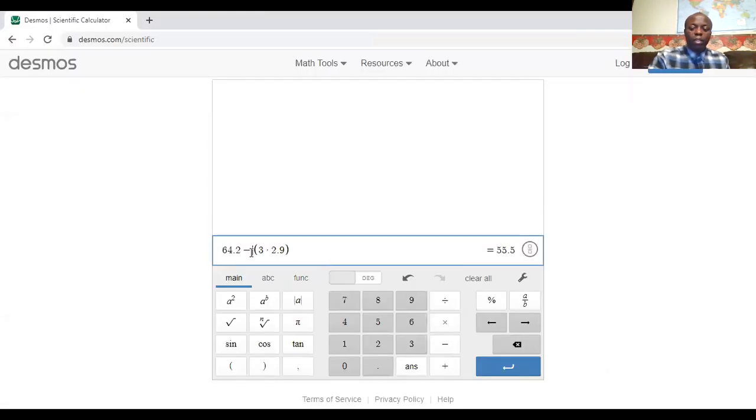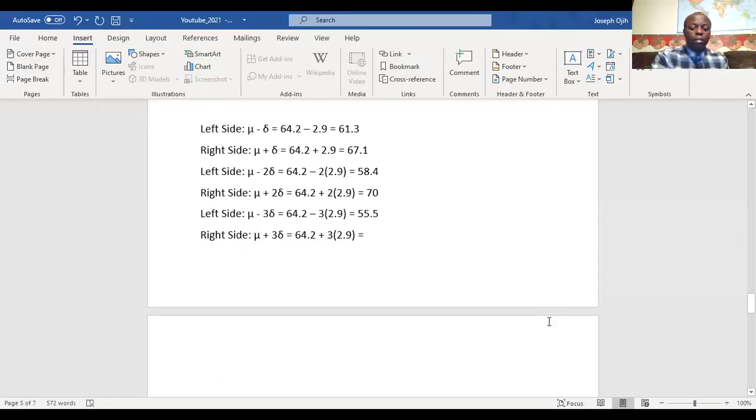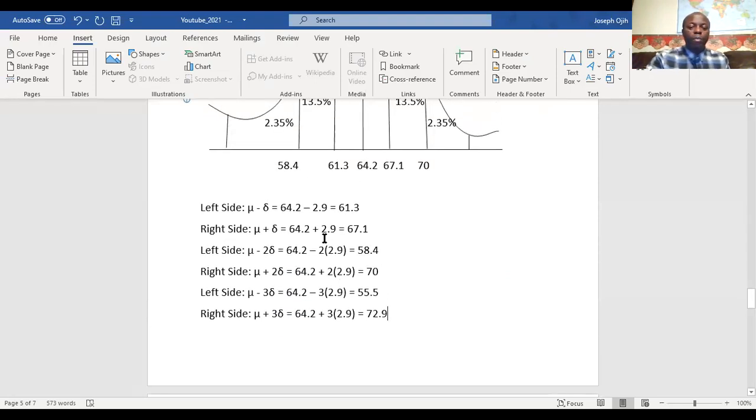So make it plus sign. You can see that it is 72.9. I'm taking it back there and then put 72.9 inches.